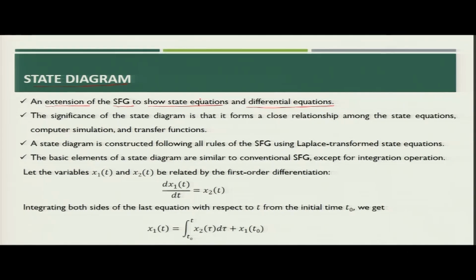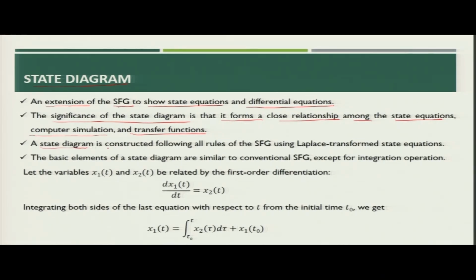So, the state equation and differential equation can be shown in the extension of the signal flow graph, that is the state diagram. Now, the significance of the state diagram is that it forms a close relationship among the state equations, the computer simulation and the transfer function. How? We will see when we discuss the state diagram in detail in this session.